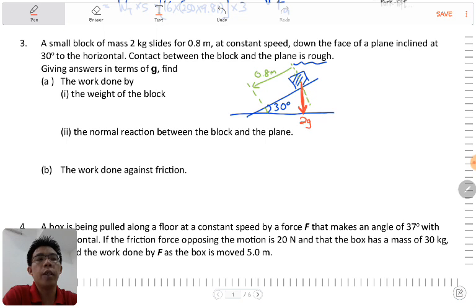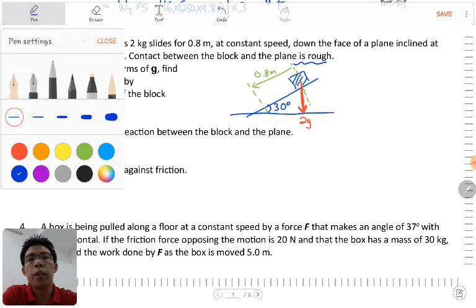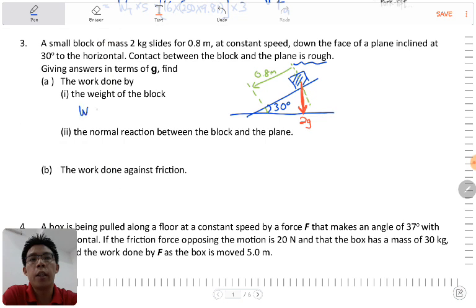is 2g here. So we know that it slides down because of the gravitational force. Therefore, if we were to write the equation for the work done, that will be because of the gravitational force, which is in the direction of the movement, times the s.